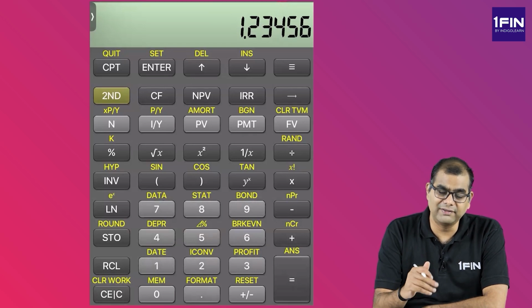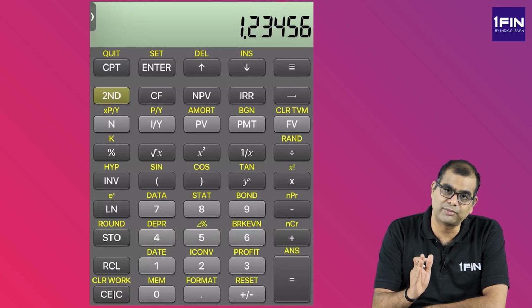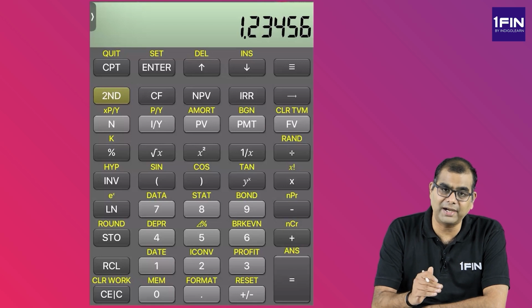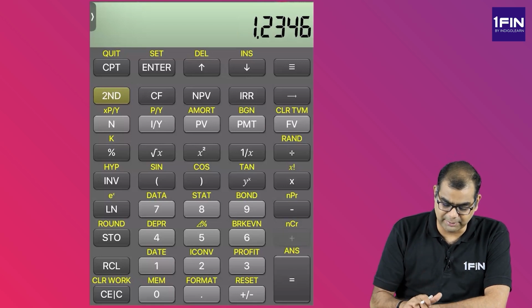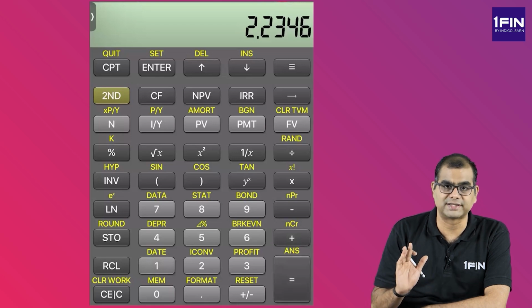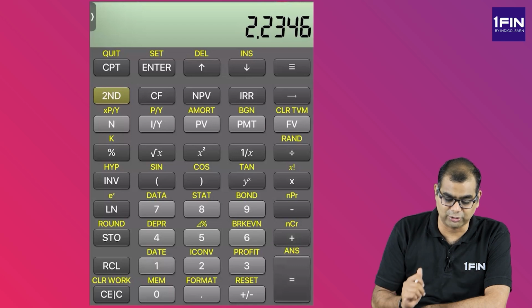Even at the back end, 1.23456 is still saved as 1.23456 only. But for me, only the 4th decimal is visible. I'll just show you the example. Plus 1, right? 2.2346. It is rounding off and showing it to me.